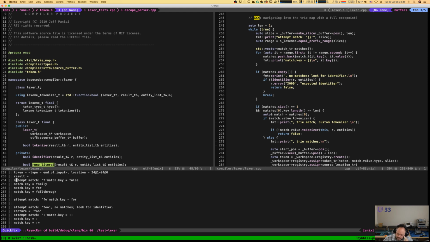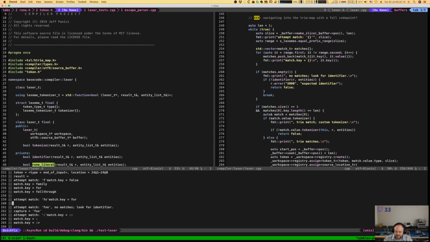Okay. So we're attempting to match F. What matches F? False, family, for, fall through. So the way the logic is written, that's not specific enough. There are too many choices. So the tokenizer has to narrow down the choices, and it does that by looking ahead to the next character.